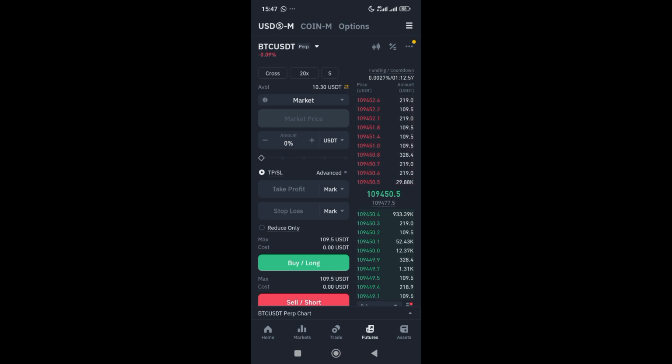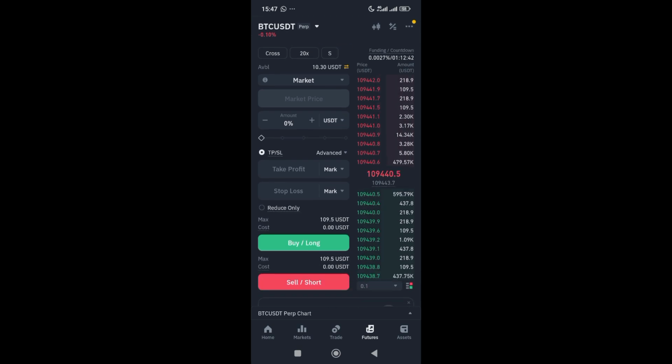Now let's talk about cross. What does cross mean? Cross means that if I take a trade with $5 and the trade goes against me, I will lose that $5.